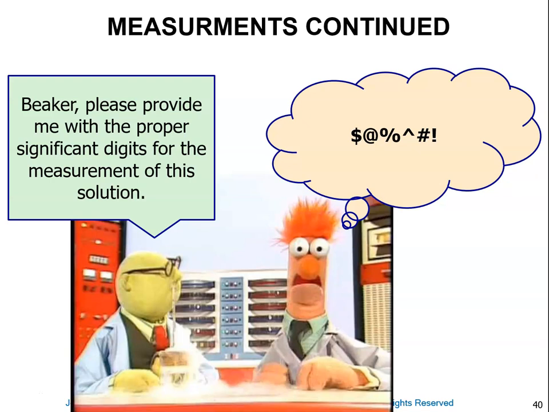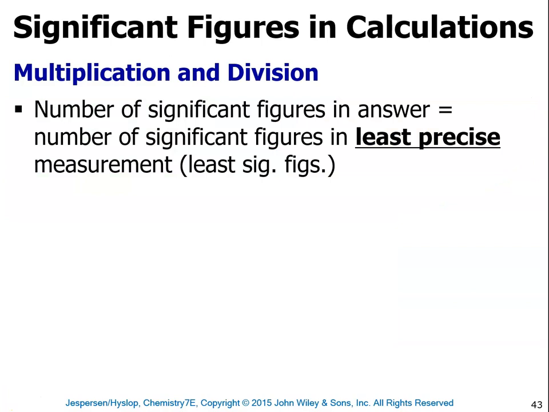So what if we're using two different instruments to measure these things, and then we have to do some mathematical manipulation of that? Then we want to think about how to use significant figures appropriately when these undergo mathematical calculation. There are a couple rules for doing this, and it depends on if you're doing multiplication and division or if you're doing addition or subtraction.